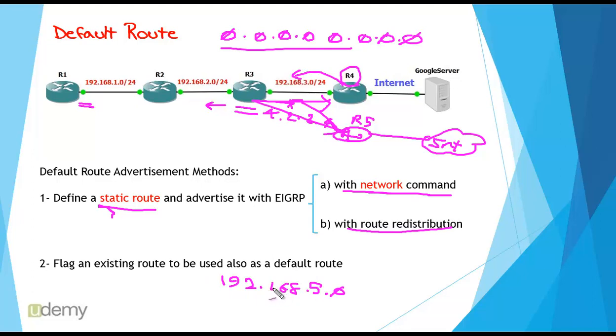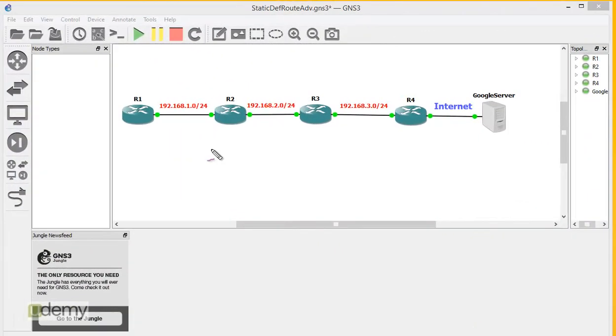Let's start our configuration. This is our scenario. We have 4 routers and 3 internal networks, and I configured EIGRP on these routers. Since I don't have internet connectivity in my lab, I chose another router and changed the symbol to a server, and we assume that it is the Google server with the IP address 4.2.2.4.